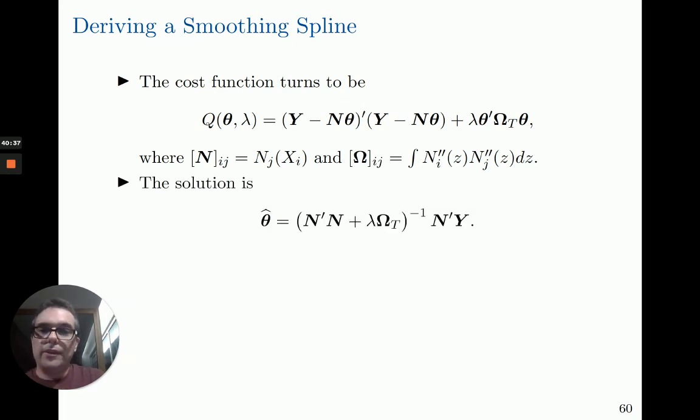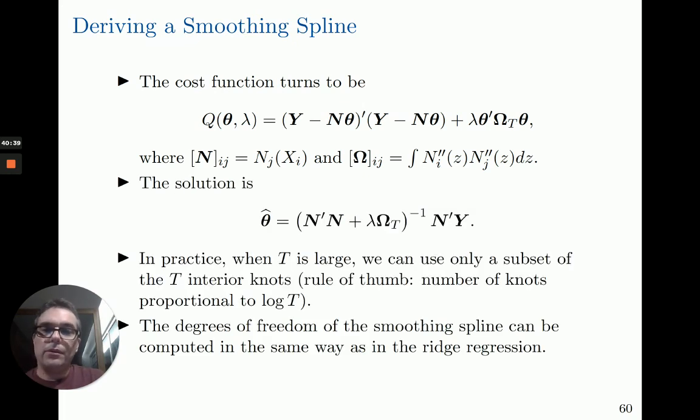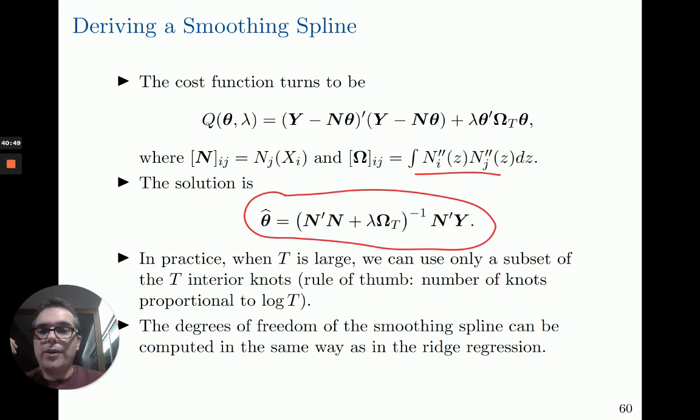Or even more general, this restriction here can be seen as a generalized ridge, okay, where you're estimating theta like the OLS, (N transpose N) inverse N transpose y, but there's a regularization term.